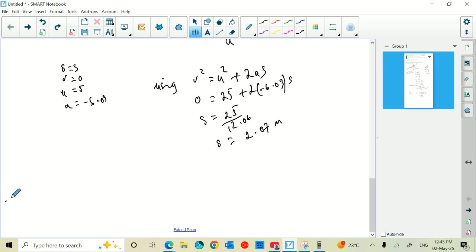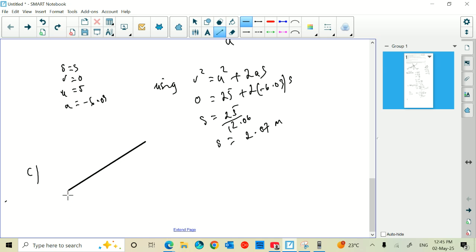Part C, we're going to need to construct a diagram which is slightly different than our original one, because the situation has changed in part C from my recollection.